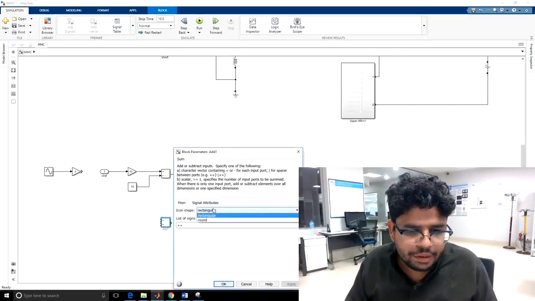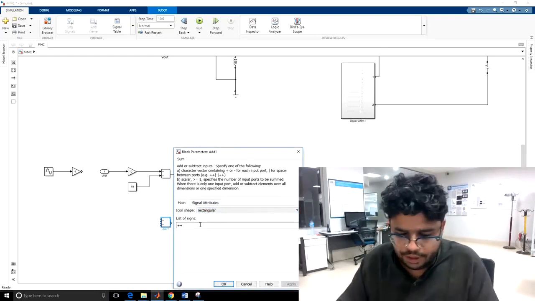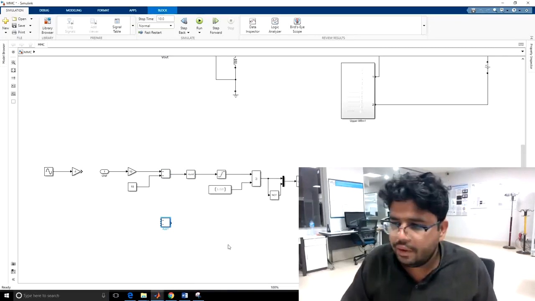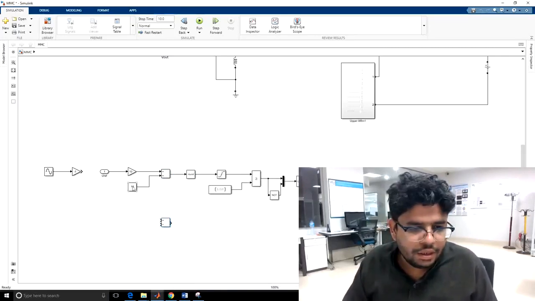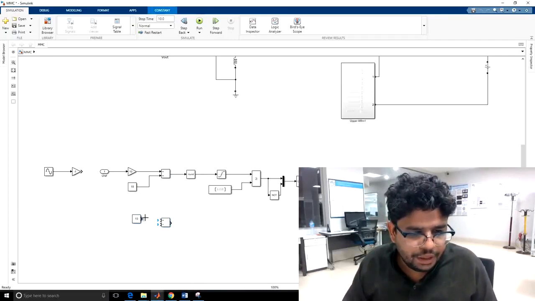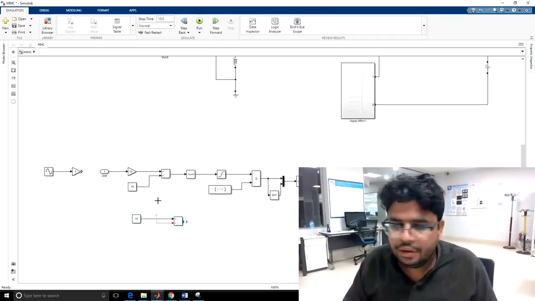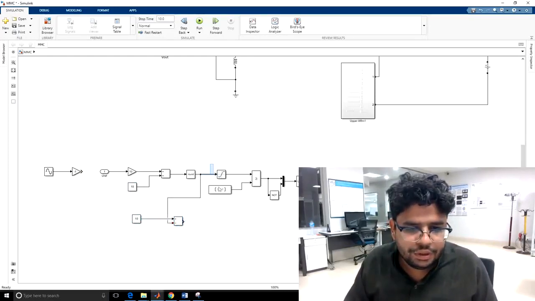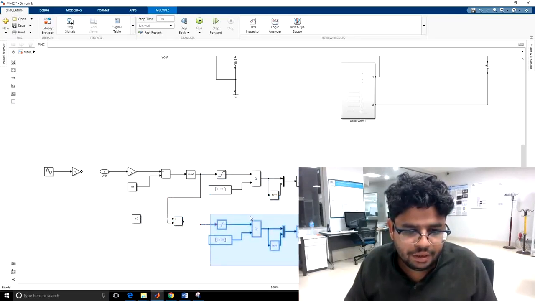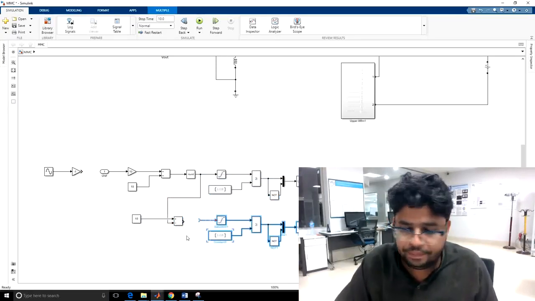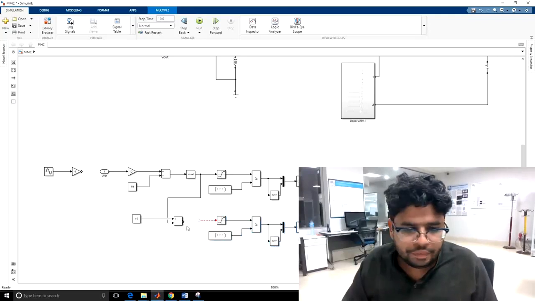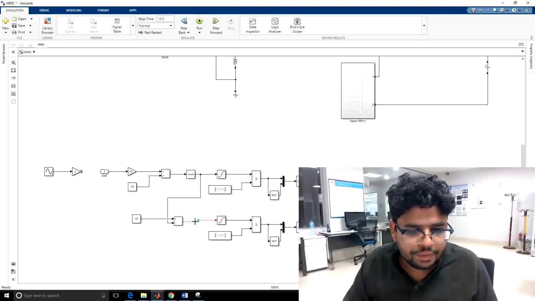This should be plus and minus. Constant 10 should be added here, and this negative signal should come from this round portion, and the rest of the setting will be the same.